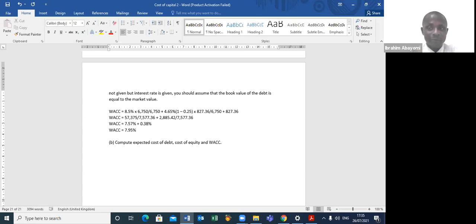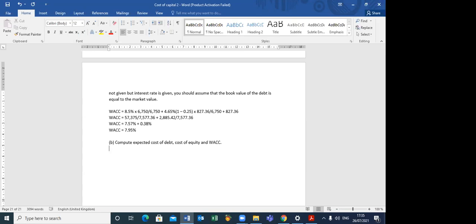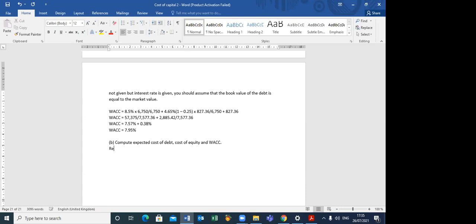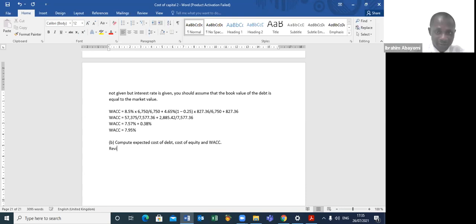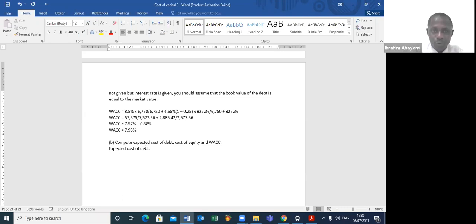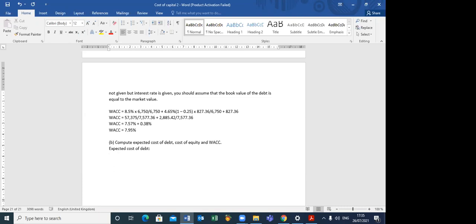So we compute the cost of debt for the Japanese debt, we compute the cost of debt for the European debt, then you take the average of the 2. That will give you the revised cost of debt. So let's calculate it. Expected cost of debt. Let me start with the Japanese bond.